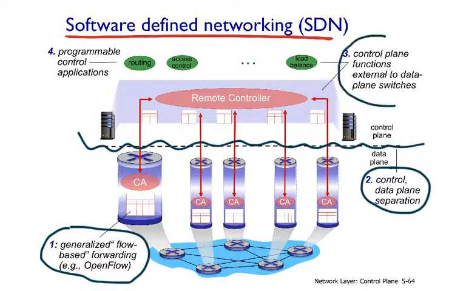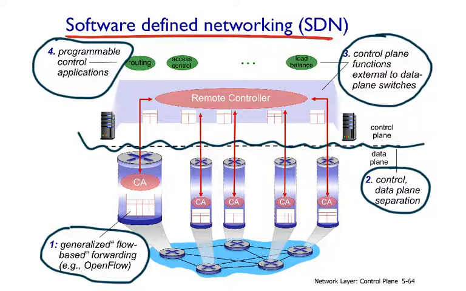These control-plane functions run on the controller, and there is an interaction between the information it has about the network and the different applications that can run on top of the controller.